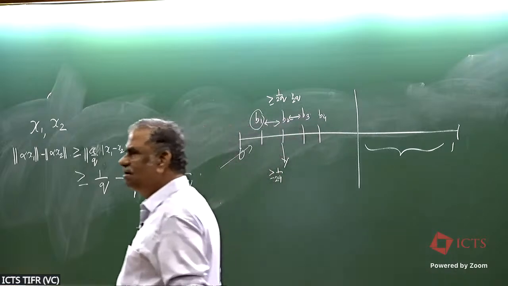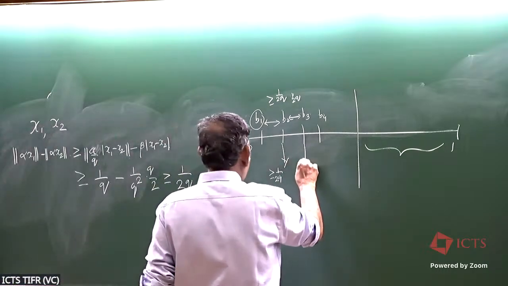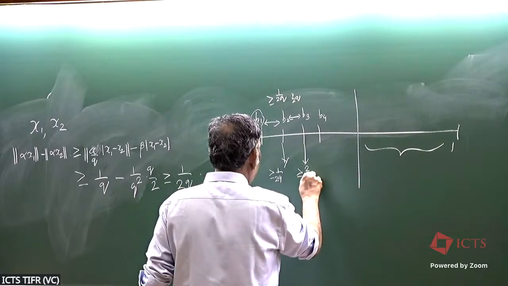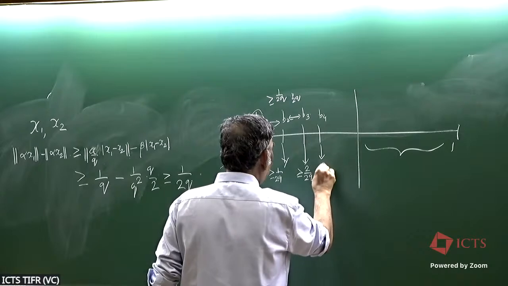The second number is at least bigger than 1 over 2q because it has a distance 1 over 2q from the first number, and the first number is positive. I don't know what is the distance, I don't care. And then this number is at least 2 over 2q, and this number is at least 3 over 2q, and so on.